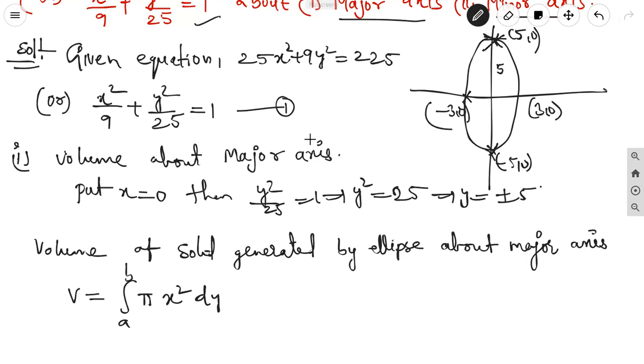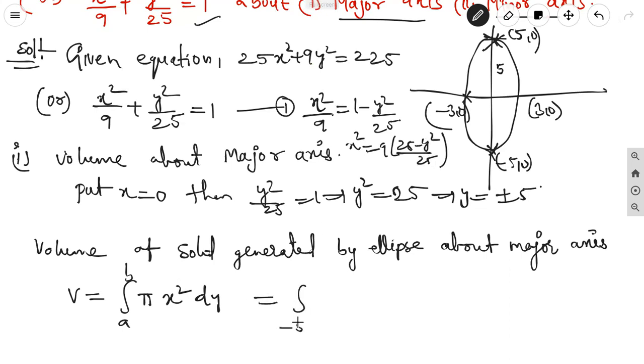Here, what is x²? From this, x²/9 = 1 minus y²/25, so x² = 9(25 minus y²)/25. With limits minus 5 to 5, V = pi times the integral of 9/25 (25 minus y²) dy.